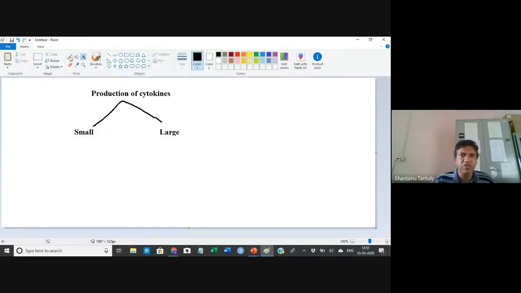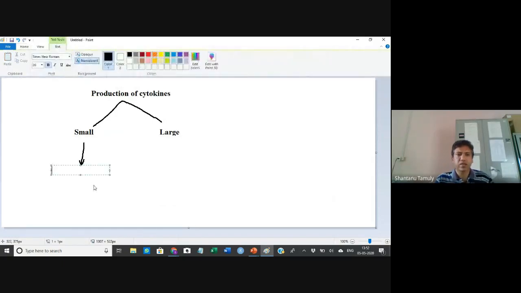The effect will be either paracrine or autocrine. Paracrine means it is produced in a cell type and then shows its effect only in the cells present nearby. That is called paracrine.